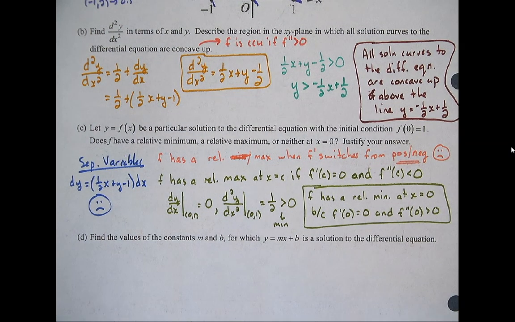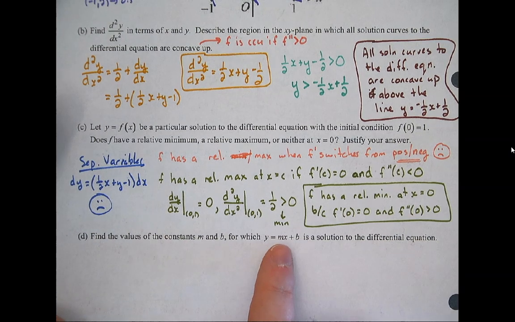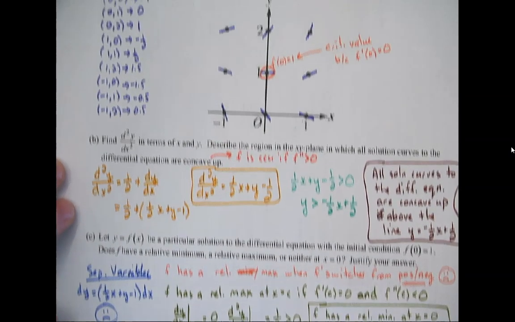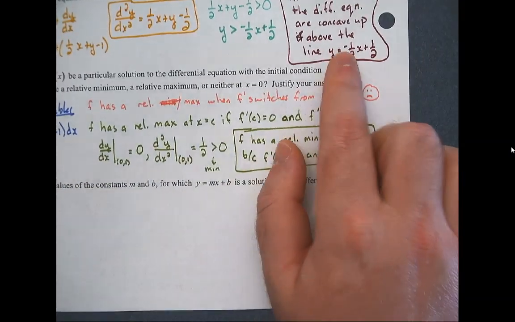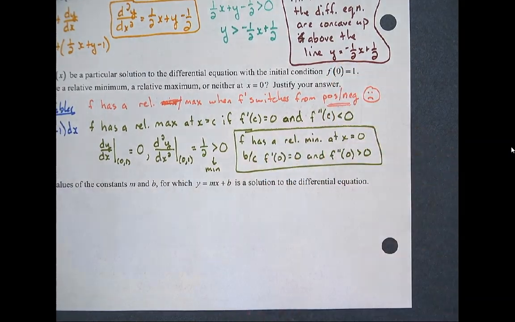Find the values of the constants. This one is actually a ton easier than it looks. Is there any place where we figured out a solution that was linear? Remember what we did right over here? Don't overthink this one.